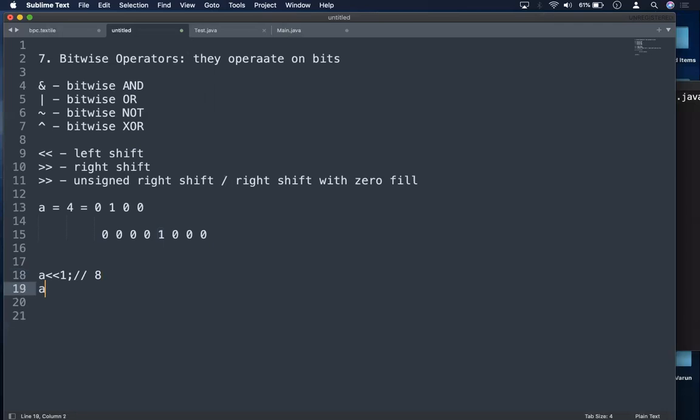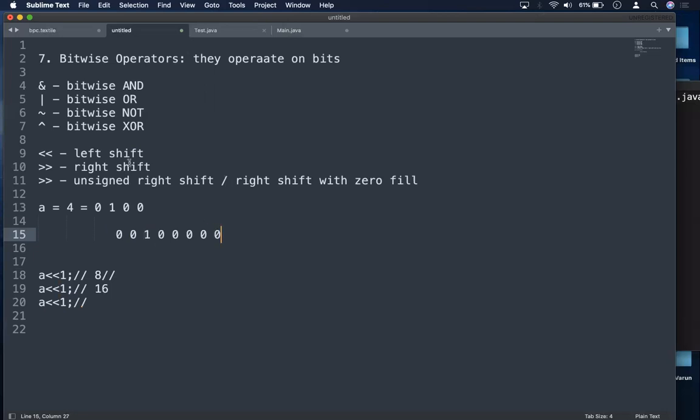Now again I am doing a left shift of 1. Now this is 8, so one more 0 will go off and a 0 will get added over here. Now it is becoming 16. Again I shift by 1 bit, then it will become 32.